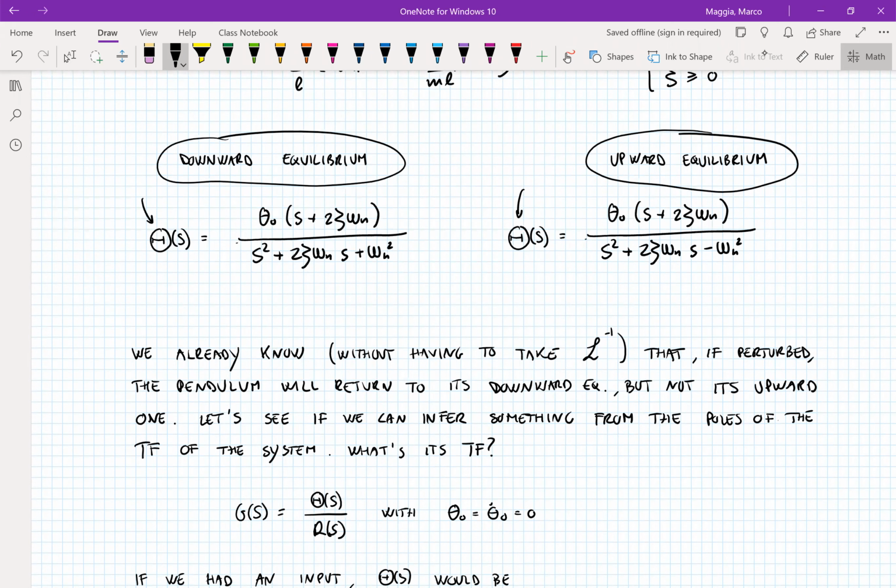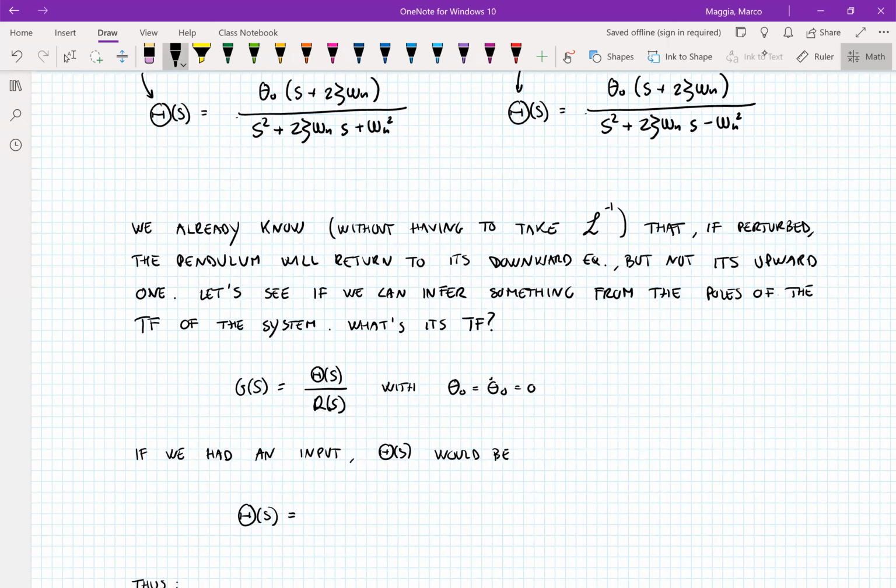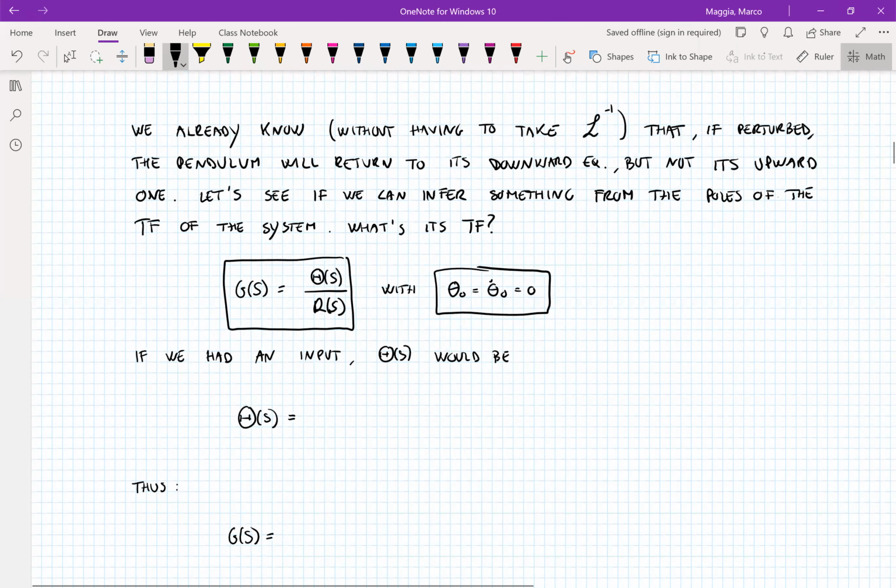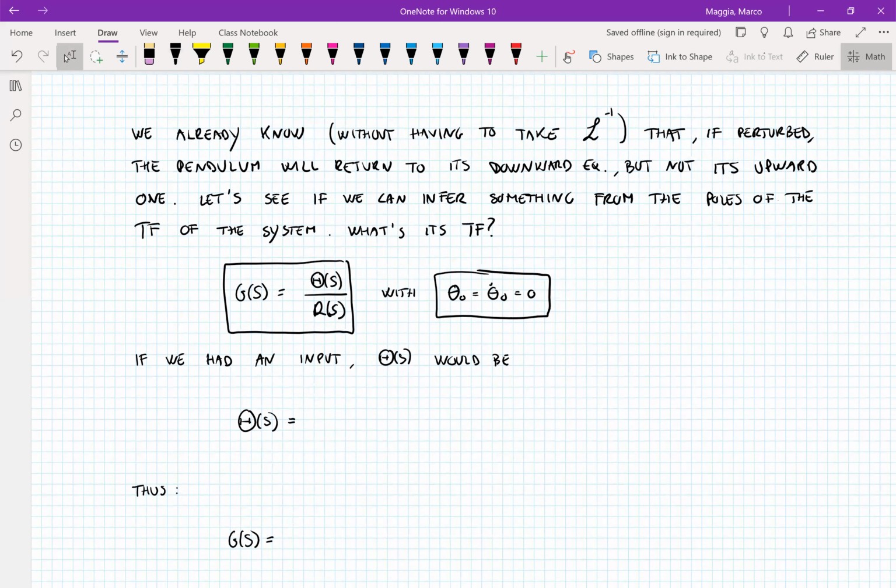We don't really have the transfer function, because the transfer function is the output divided by the input with zero initial conditions. So technically, we would have to build the output considering the input too. So the first part right here that I'm rewriting contains the initial conditions, and that's what we've derived.